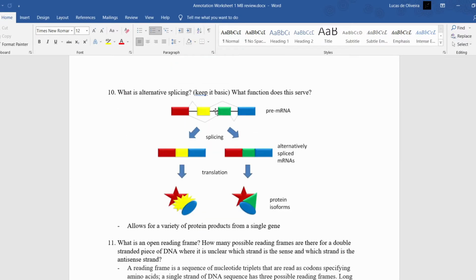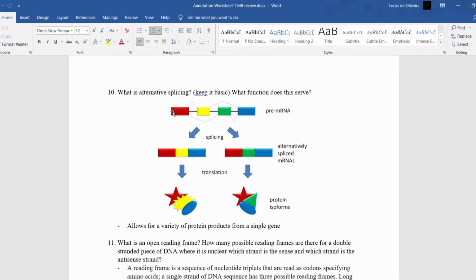Alternative splicing. So we talked about splicing already. So the snRNPs come in, and the introns get spliced out. But it's not only the introns that'll get spliced out. Sometimes exons get spliced out too. So you have your pre-mRNA, also called hnRNA, or heterogeneous nuclear RNA. And let's say, for example, you have 4 exons here.